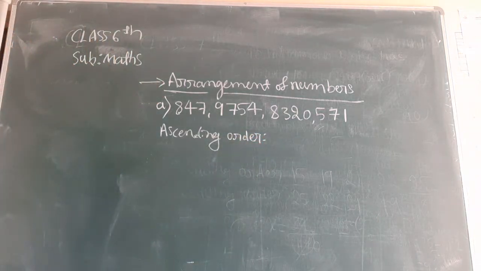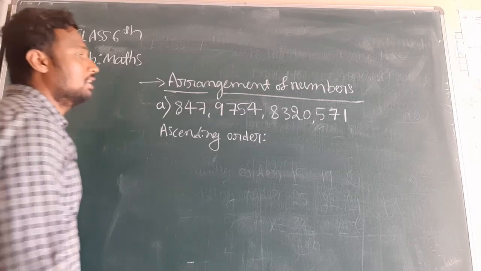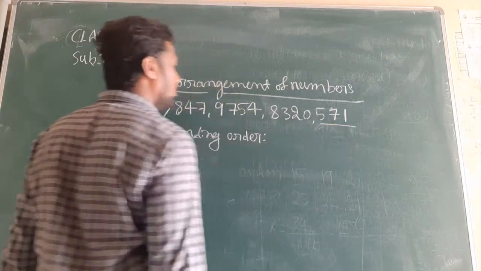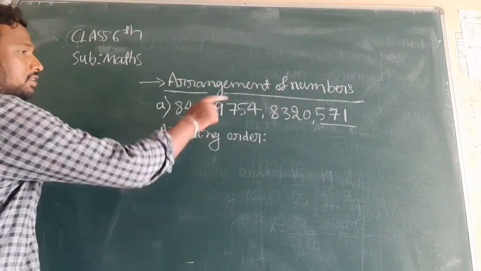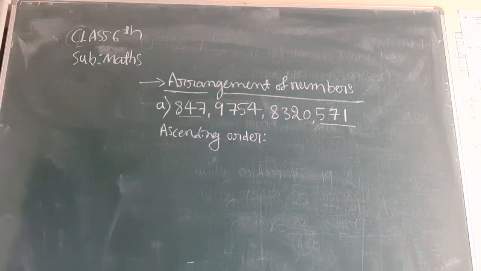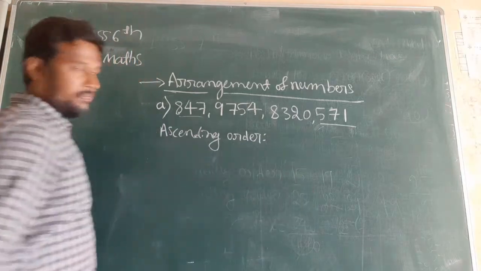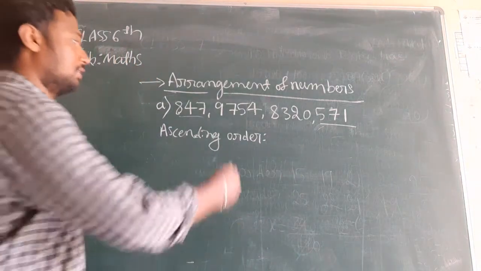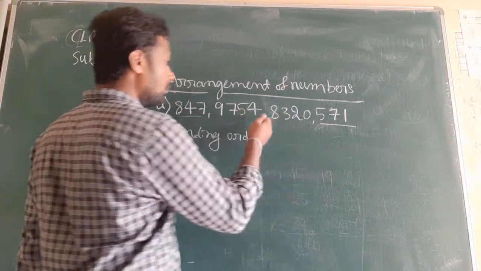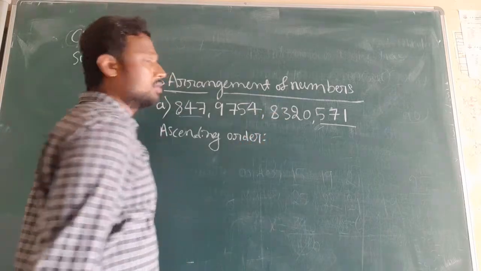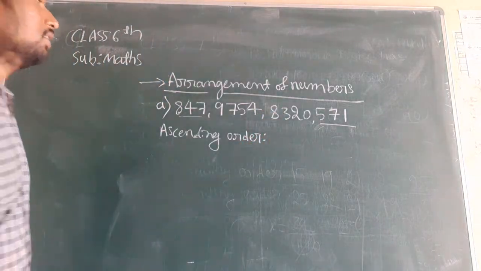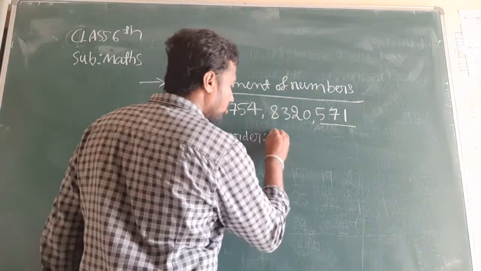Ascending order means, as I told, smallest number to greatest number. So which is the smallest number here? 571, because 847 is greater than 571 and these two are in thousands. This is 9,000 something value and this is 8,320. So 571 is the smallest value.